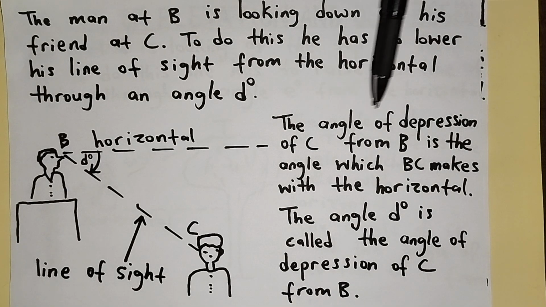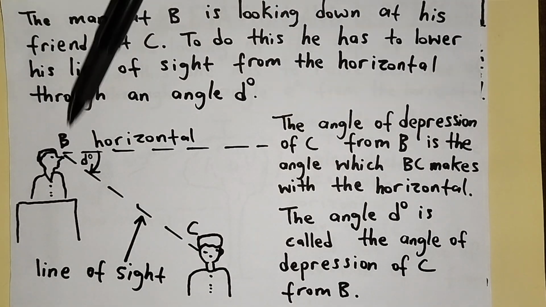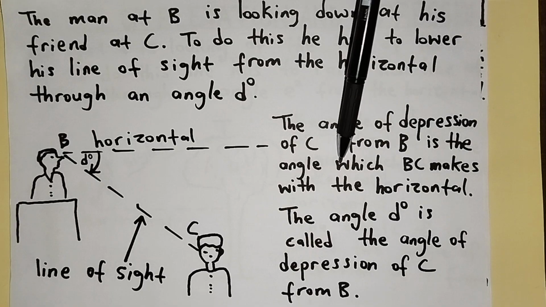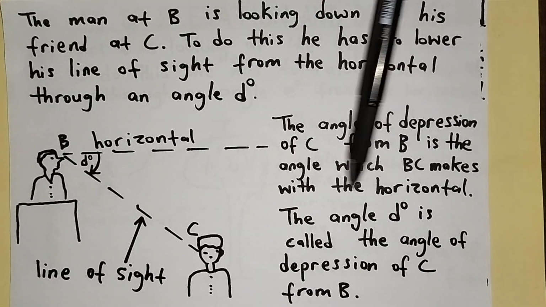So the angle of depression of C from B is the angle which BC, this BC, makes with the horizontal.